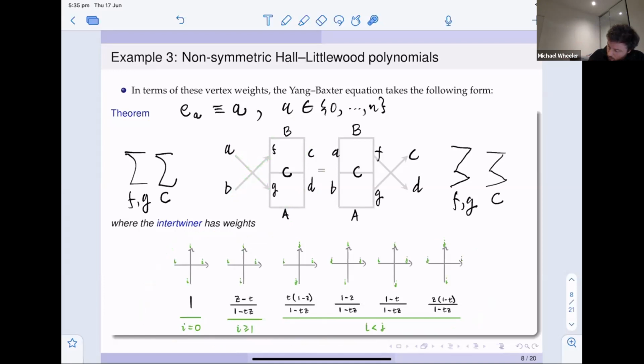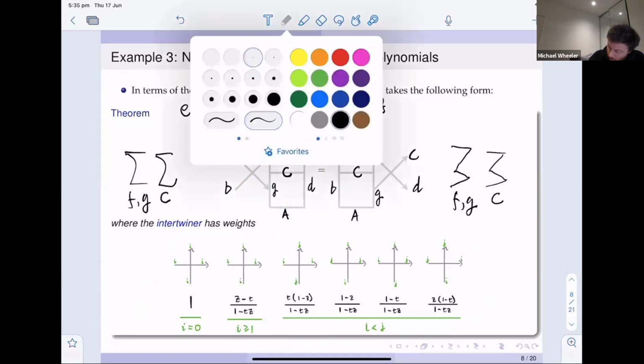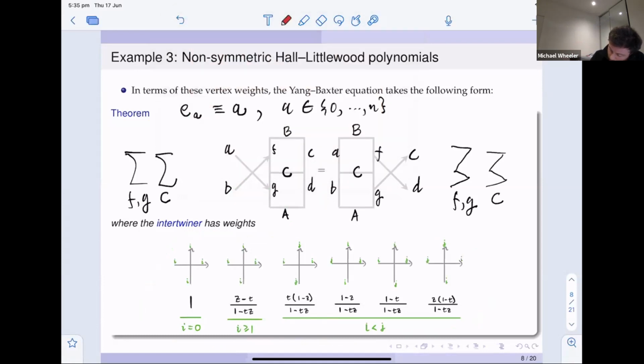And there's one extra piece of information that you need, the parameters. This little tile depends on X, and this one depends on Y, and likewise here. In the vertex, Z is identified with Y divided by X, so that's the Z that shows up here. So the claim is that this equation holds.